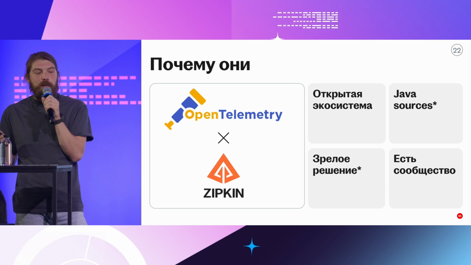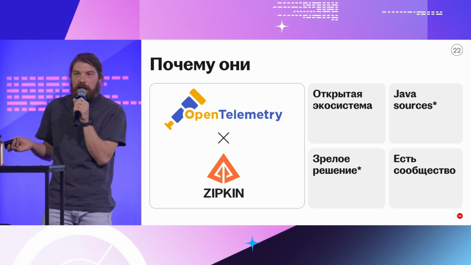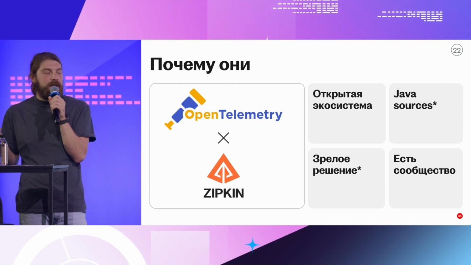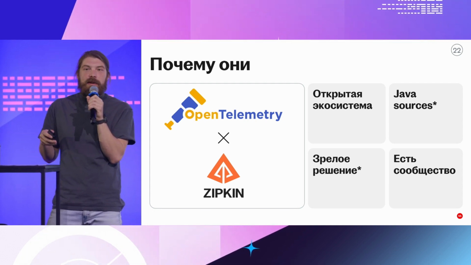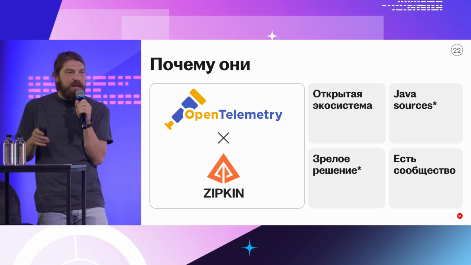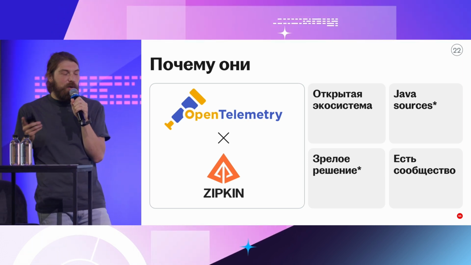So there's an asterisk here against the line "mature solution". It was true for Zipkin, but it wasn't so true for OpenTelemetry. They had just been spun off of OpenTracing, and some libraries were in alpha or beta versions.